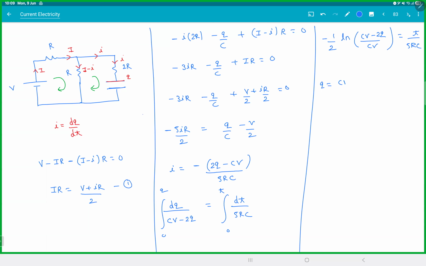So small q will be CV by 2 into (1 minus e power minus 2t by 5RC). That's how you get this. You don't need capital I, you need small i. If they ask you for capital I, you'll get it. You know small i from here, you can substitute and get it.